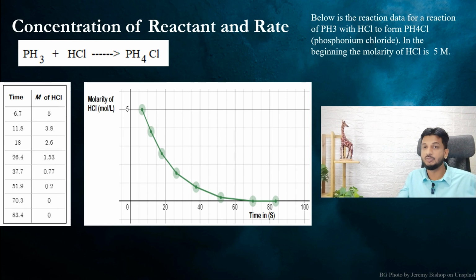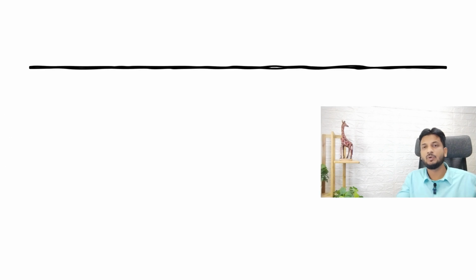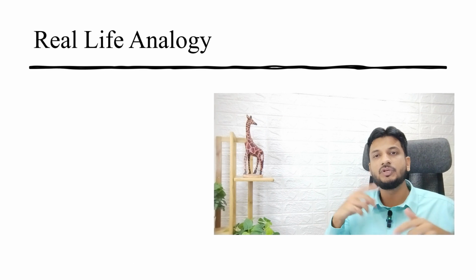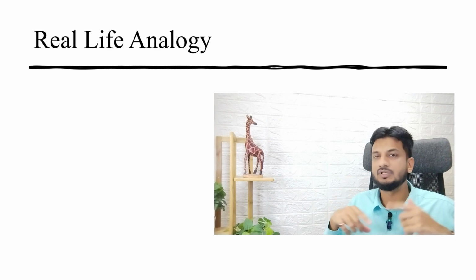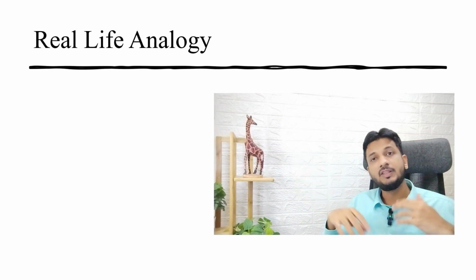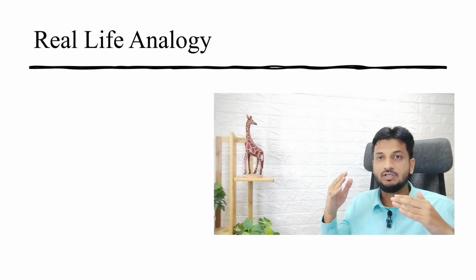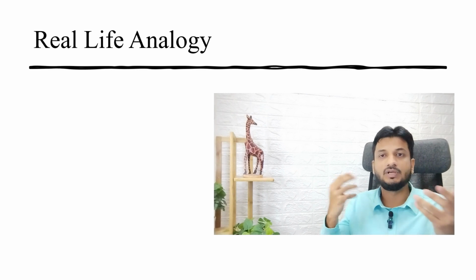In the beginning the rate is fast, but as we go further the rate decreases. I always give this real life analogy to my students. Whenever you are eating your favorite food or a snack or an ice cream, in the beginning, the rate of you eating it is very fast. The first few chunks are very quickly eaten.